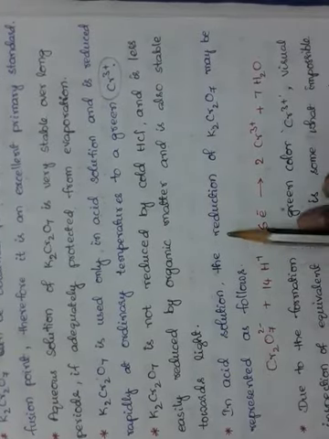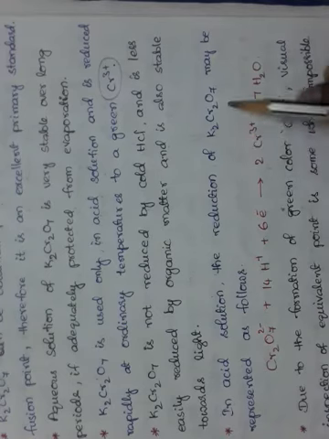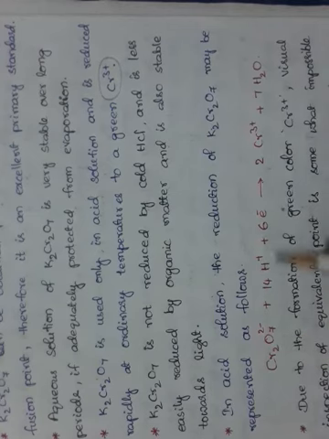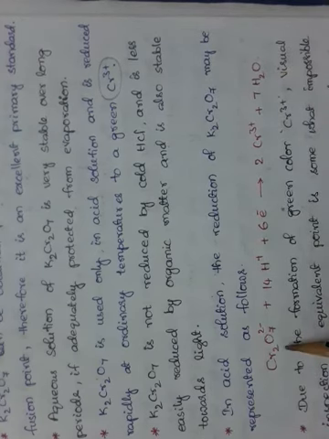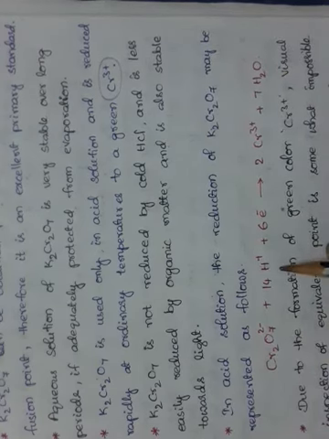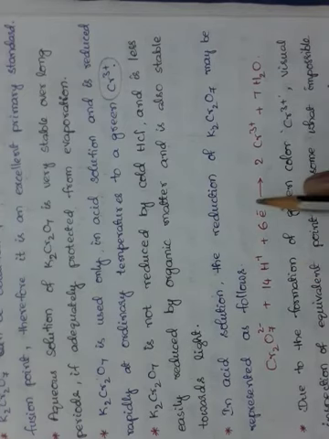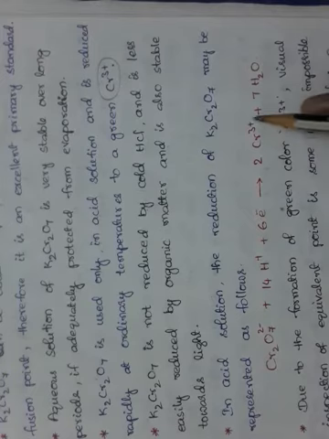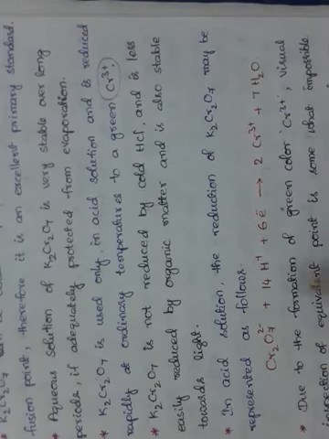In acid solution, the reduction of potassium dichromate may be represented as this reaction. So, dichromate ion in the presence of H+ can gain 6 moles of electrons. This dichromate can be reduced to chromium 3.